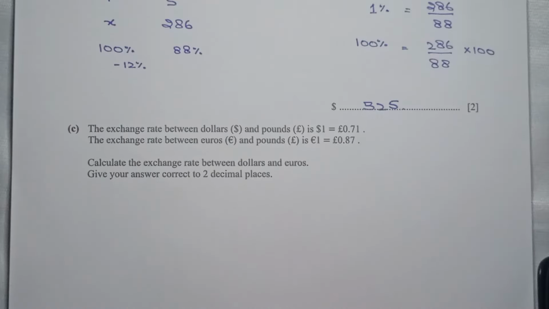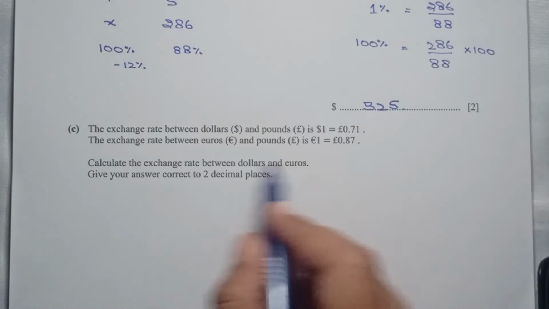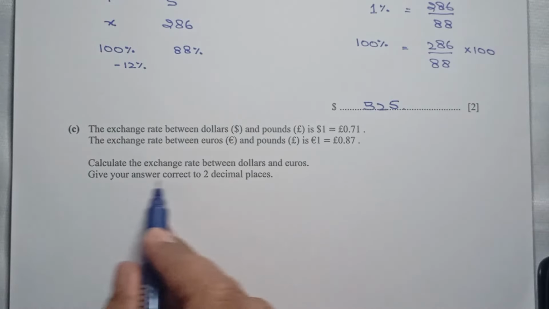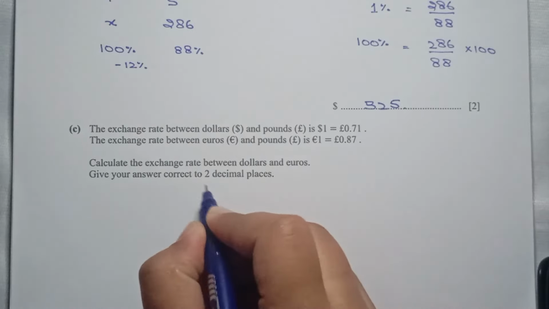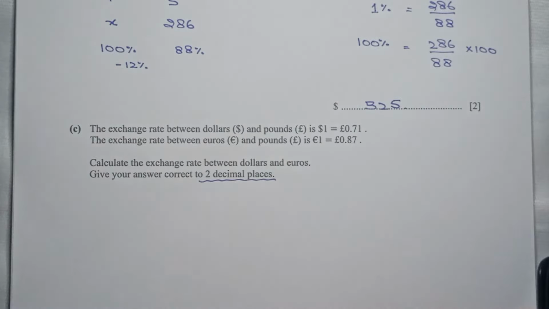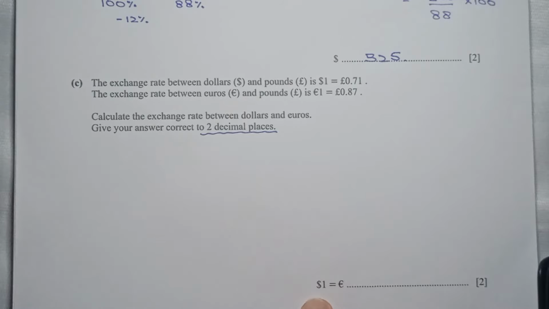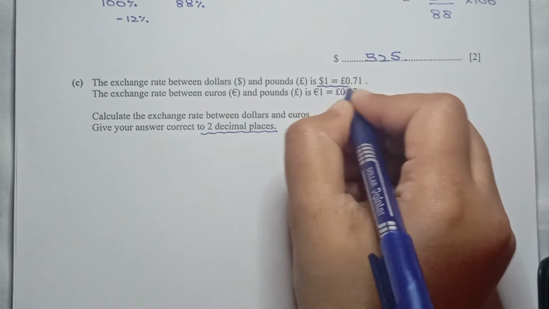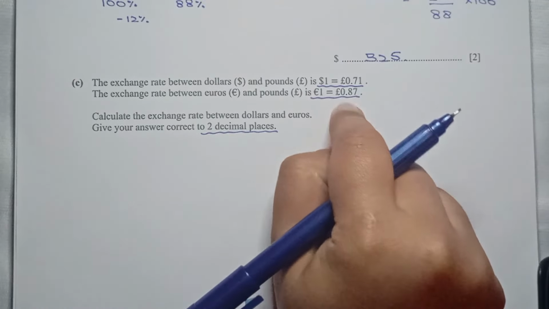Now for the C part, the exchange rate between dollars and pounds is this. The exchange rate between euros and pounds is this. Calculate the exchange rate between dollars and euros. Give your answer correct to 2 decimal places. We need to find $1 equals how many euros. So we have been given the two exchange rates, dollars into pounds and euros into pounds.